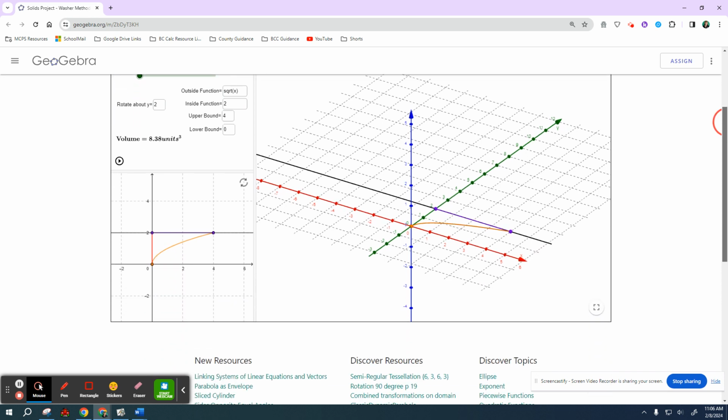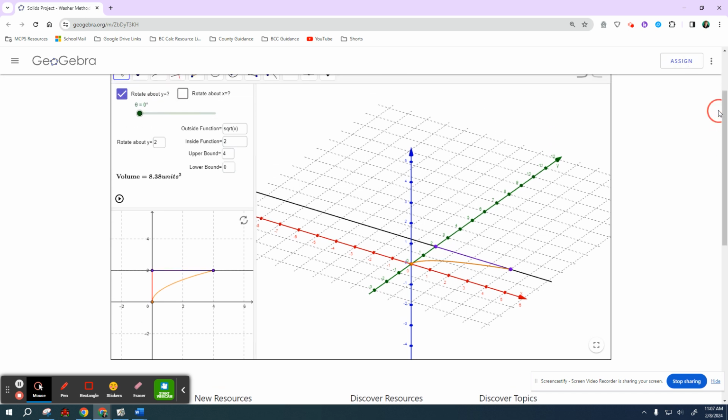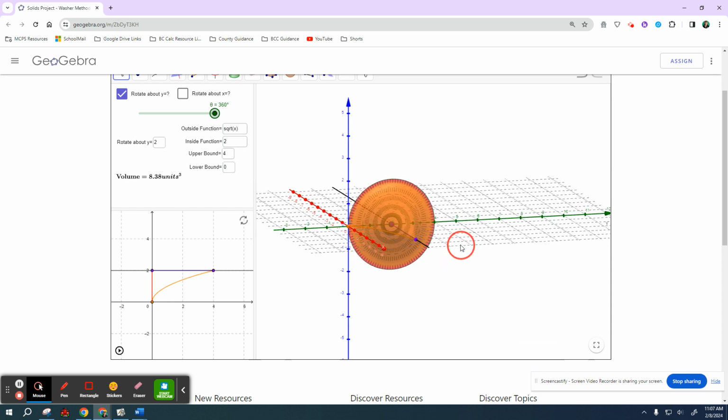I'm attempting to show what it looks like for part B, I think. There's our cross section, and this is it spun around y equals 2.